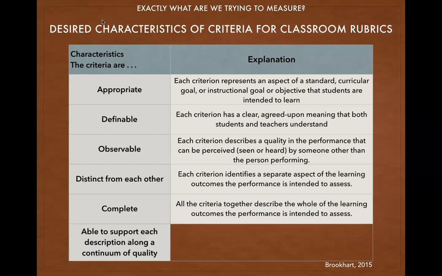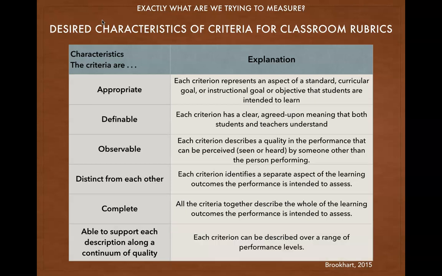They also need to be able to support each description along a continuum of quality. Basically what that means is that the criteria, the things we're looking for, each need to have a scale to them, so that as we build out the rest of our rubric, they're able to be measured along a scale, and each cell within that scale can be distinct from each other as well.